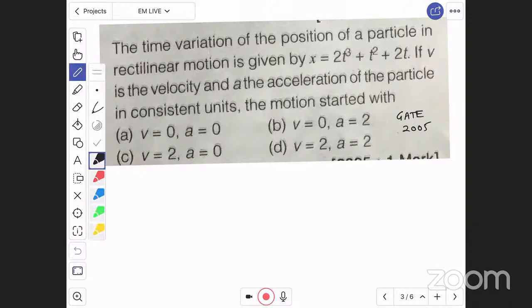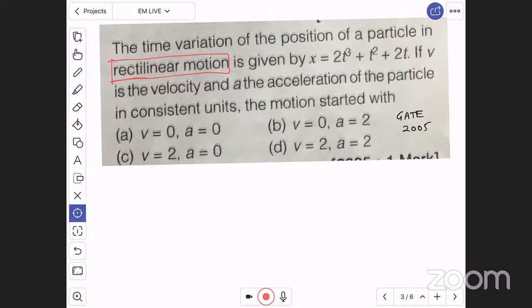Here, see, the displacement equation is given. Rectilinear motion means, see my dear students, linear motion. Rectilinear means linear only. And the equation of displacement is given, that is x is equal to 2t cube plus t square plus 2t, where x is displacement.